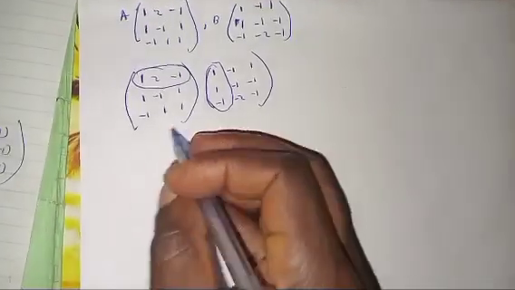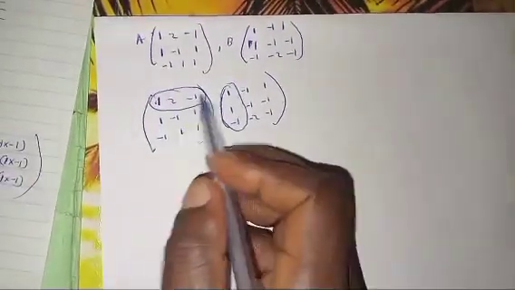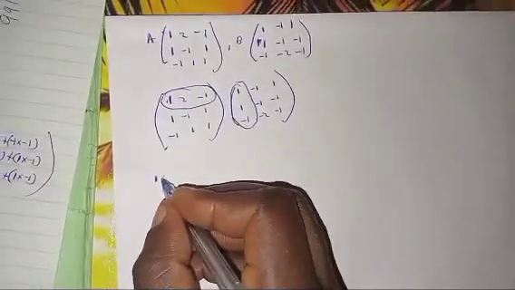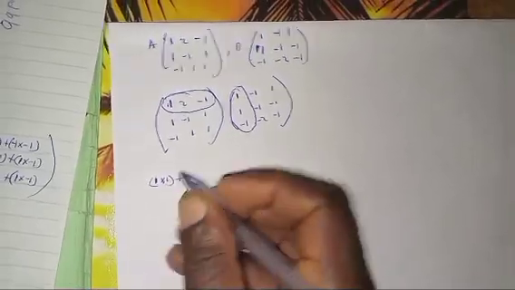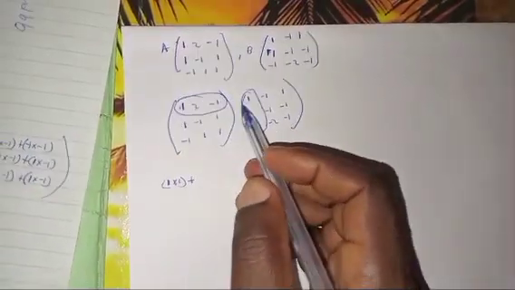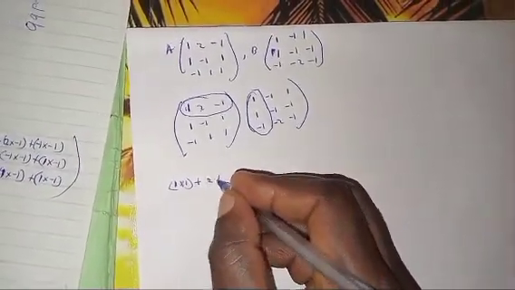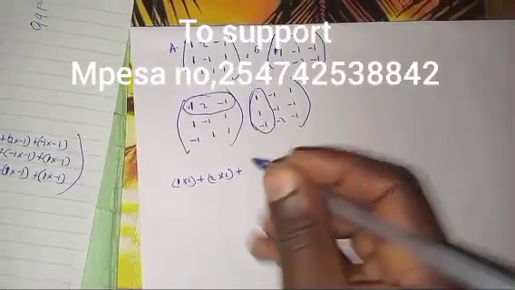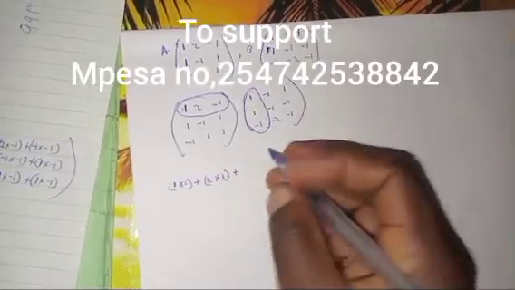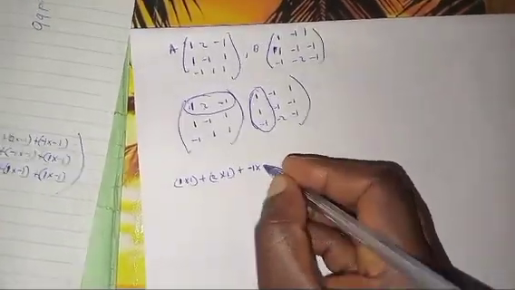Let's say this: 1 times 1, 1 times 1, plus 2 times 1, 2 times 1, plus negative 1 times negative 1.